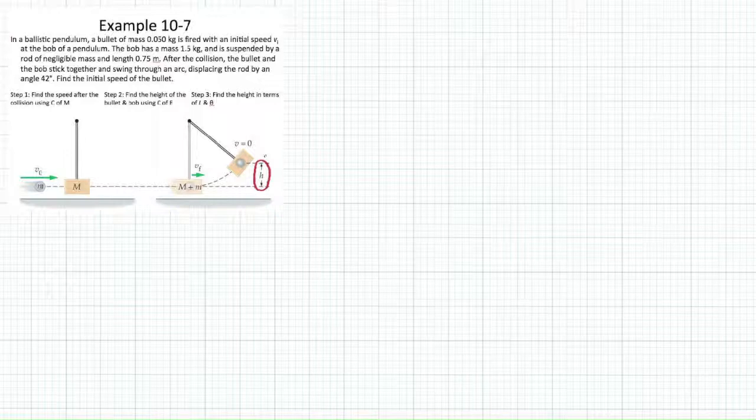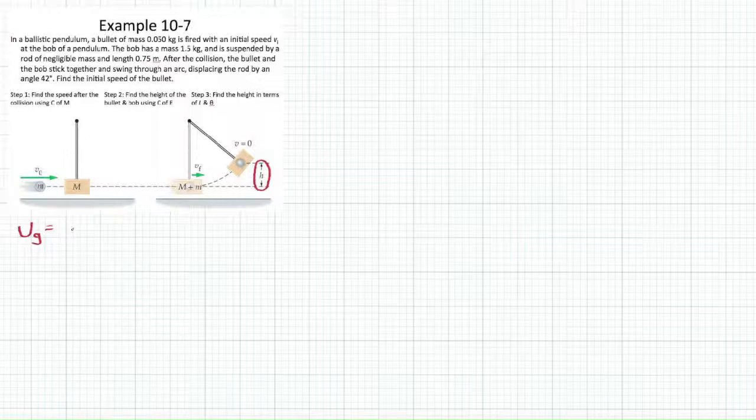How high has that gone up? Why? Well, because we need to find out what the potential energy was that the bullet and pendulum bob gained by going upwards. So finding this height right here is critical to finding our potential energy due to gravity.